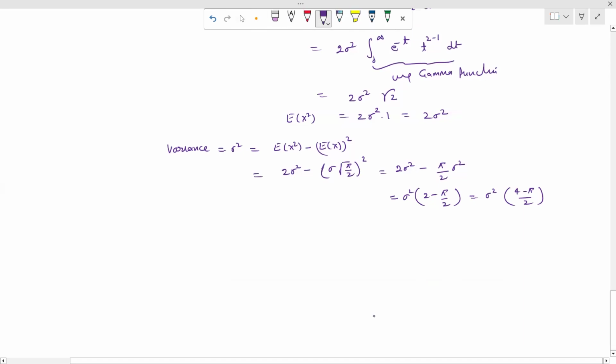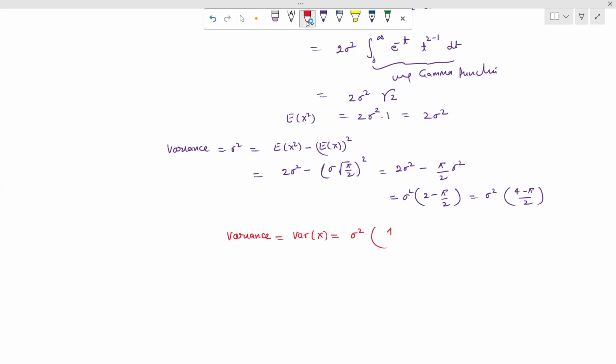Okay. So here we write down the variance in short: variance of x is equal to sigma square into 4 minus pi upon 2. So this is the variance of the Rayleigh distribution.